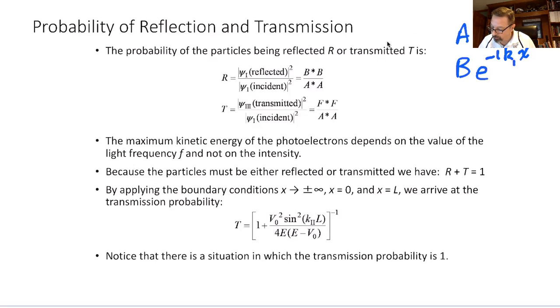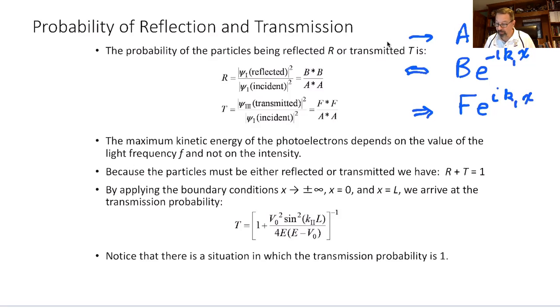That was the wave moving to the right, coming in, the incident wave. That's the one that's reflected off the barrier, moving to the left. And then the third one was f e to the i k1x. It's actually in region 3 though, but we're calling it 1 times x. That's the one that gets transmitted through.